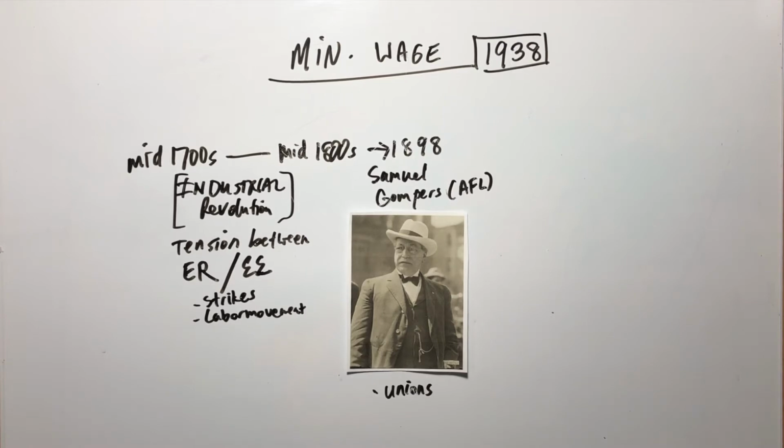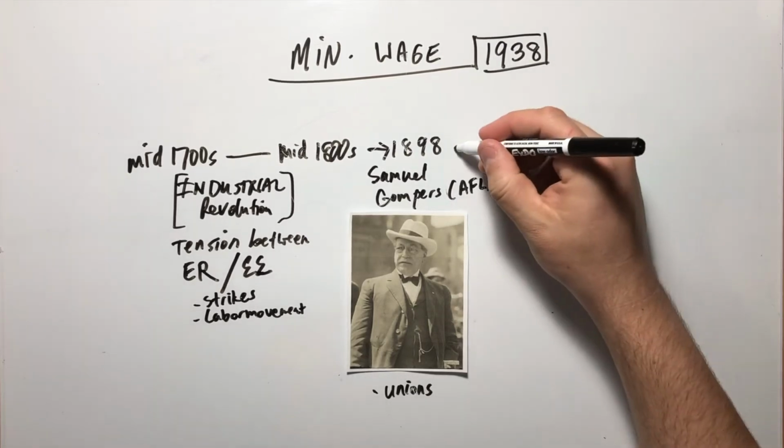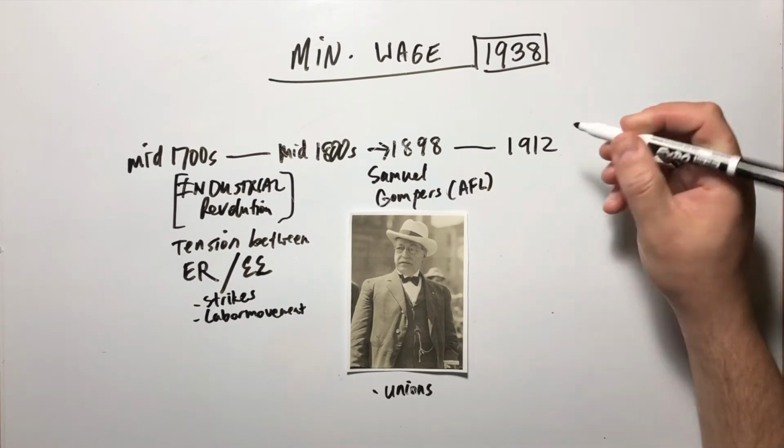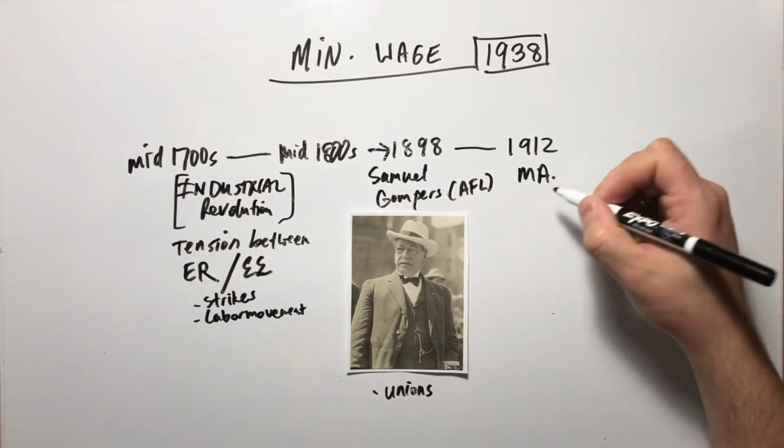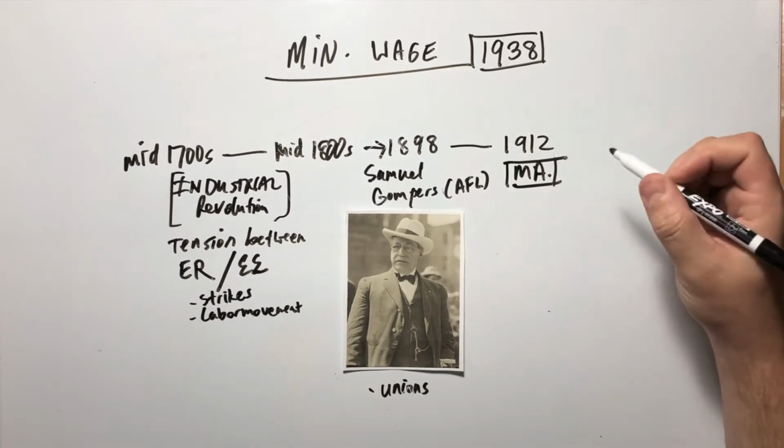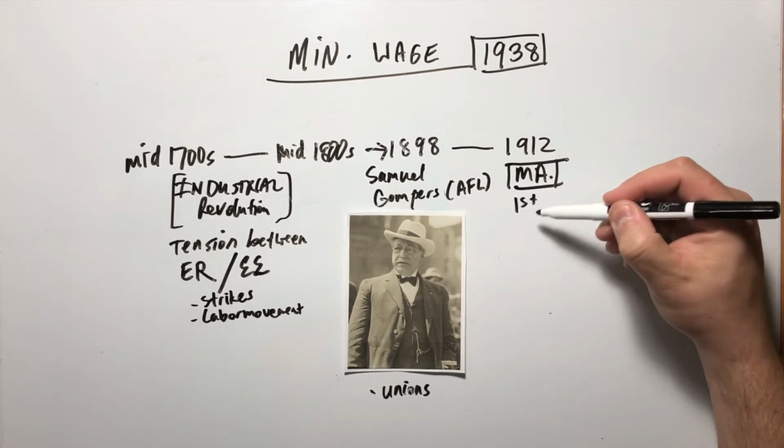So what happens next? In 1912, the state of Massachusetts enacts the first minimum wage law.